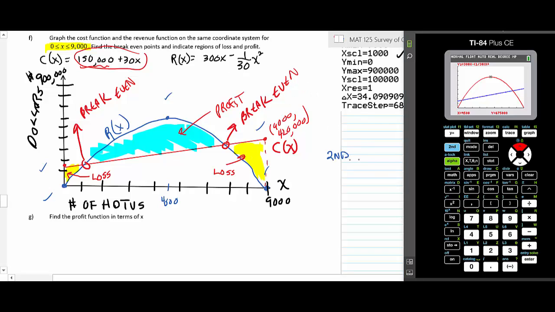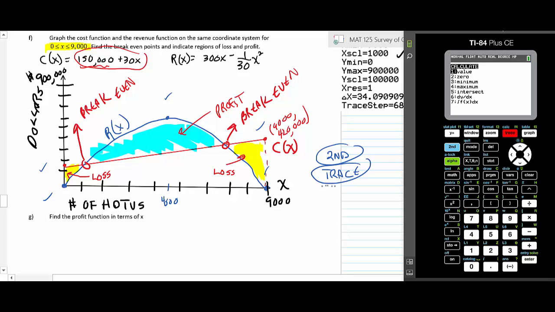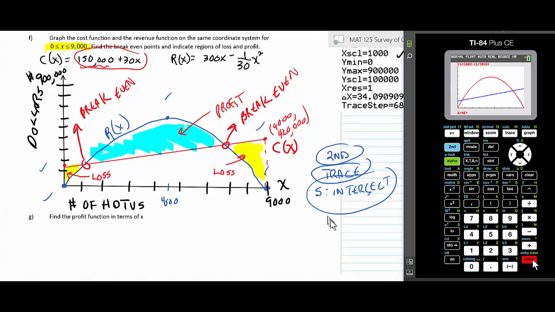You go second, trace, and then you go down to option 5, where it will say intersect. So your graphing calculator is going to find these values for you. You just go down to option 5, and then you press enter. Okay, now let's find the break-even point on the left.